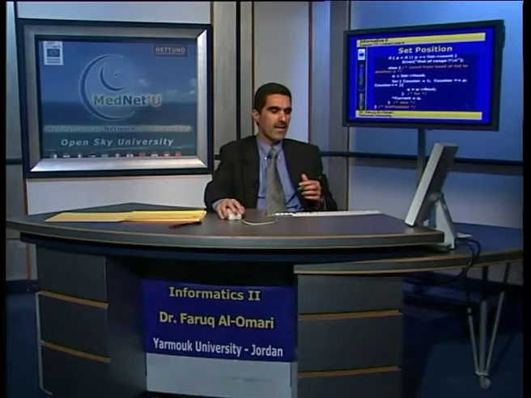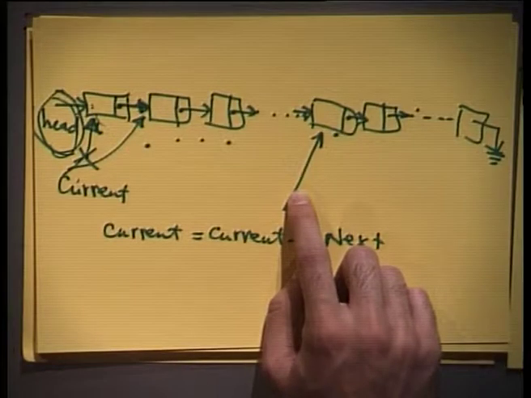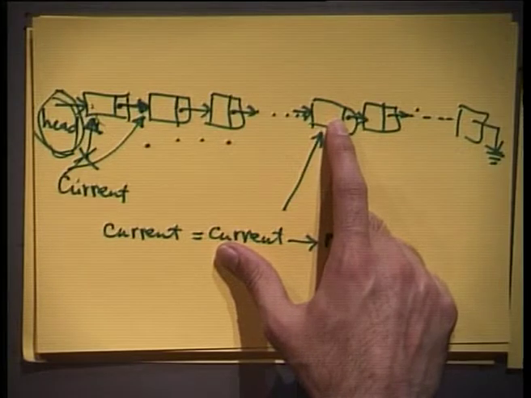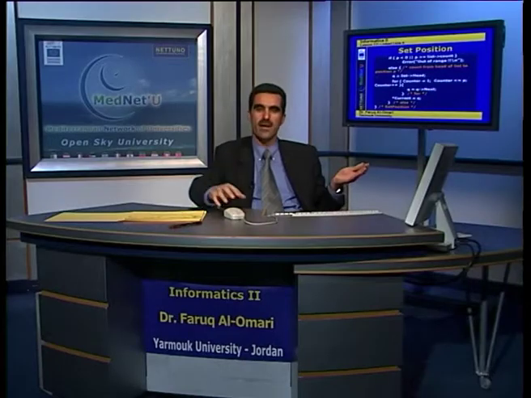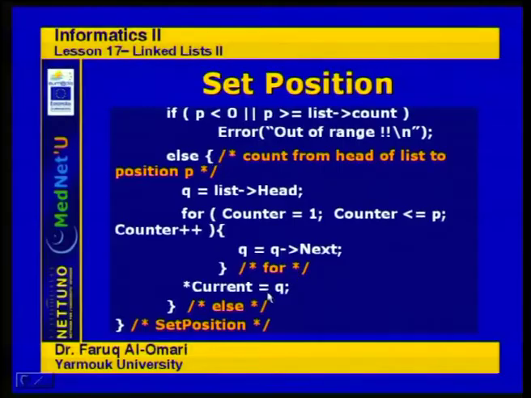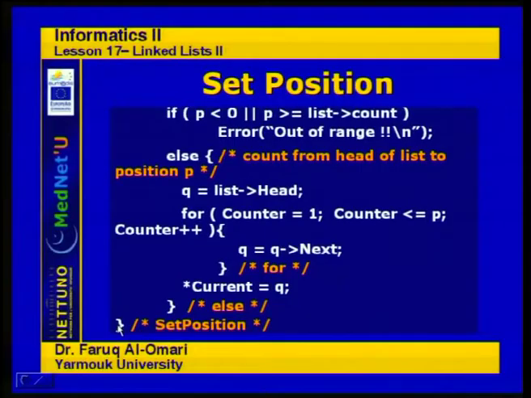Definitely, after I exit this loop, I'm going to have this pointer Q pointing to the Pth node in the list. Just return a pointer to that. So basically assign this pointer in the location pointed to by current. That's my return value. It goes here. And that's basically it. Then you're done with the else clause, and you're done with your function set position.